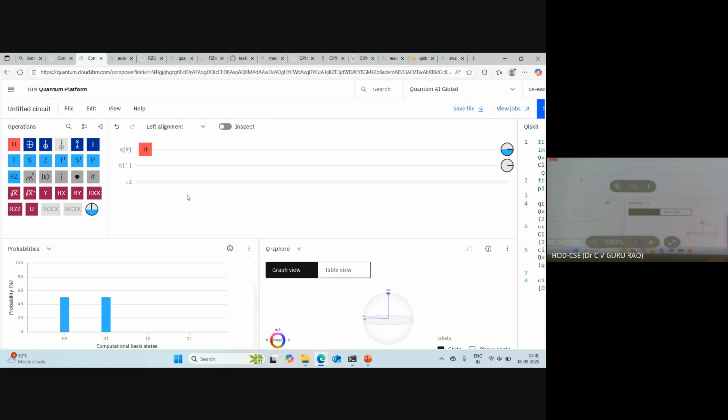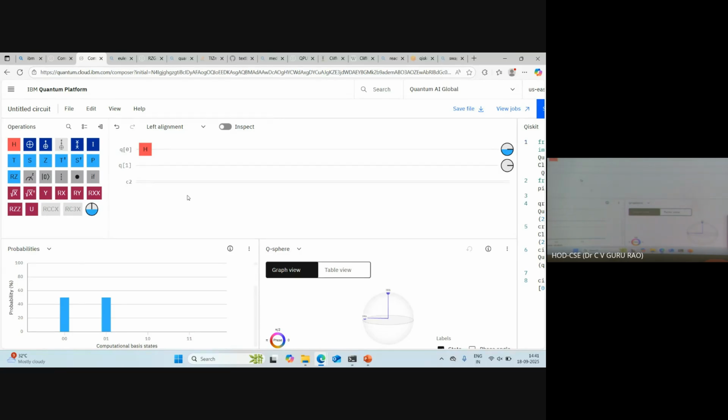Now it is 00, 01, 10, 11. Although there is nothing in 10, 11, because the second qubit is empty. We are not doing anything.